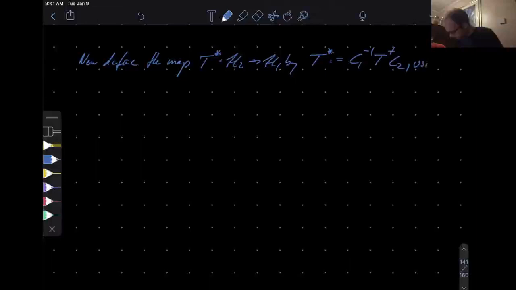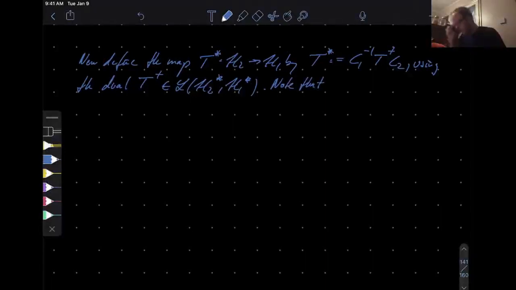Using the dual T, well, with the T which goes from the dual space of H2 to the dual space of H1. Okay, now what we will do is we will check that this guy satisfies that yellow box.